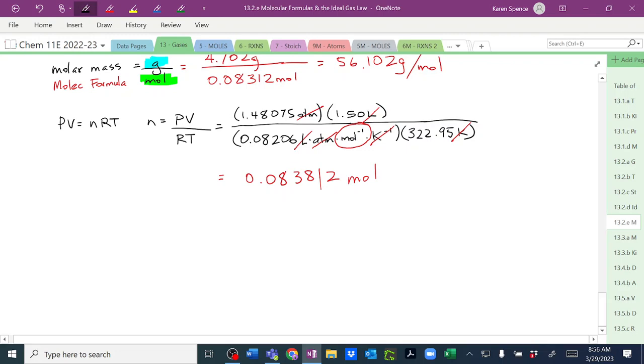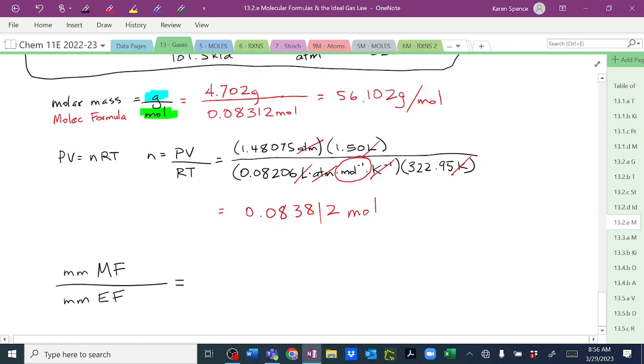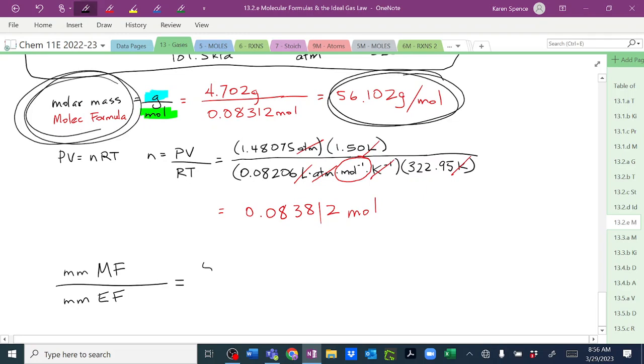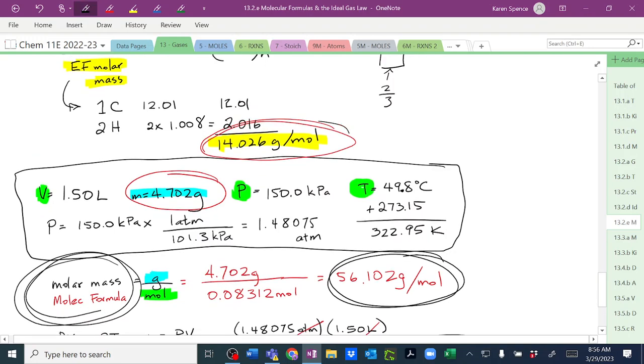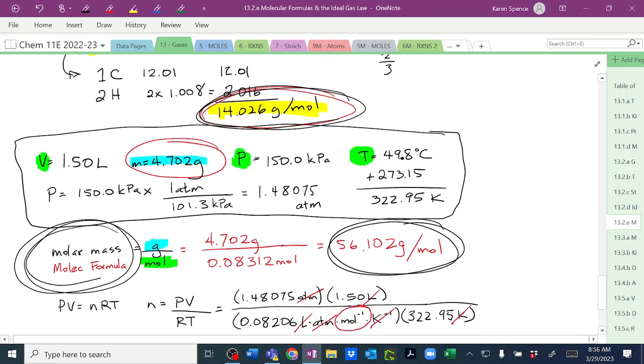So our molar mass of the molecular formula over the molar mass of the empirical formula is equal to the molecular formula is here, 56.102 grams per mole, divided by the empirical formula mass, which we calculated up here, 14.026.